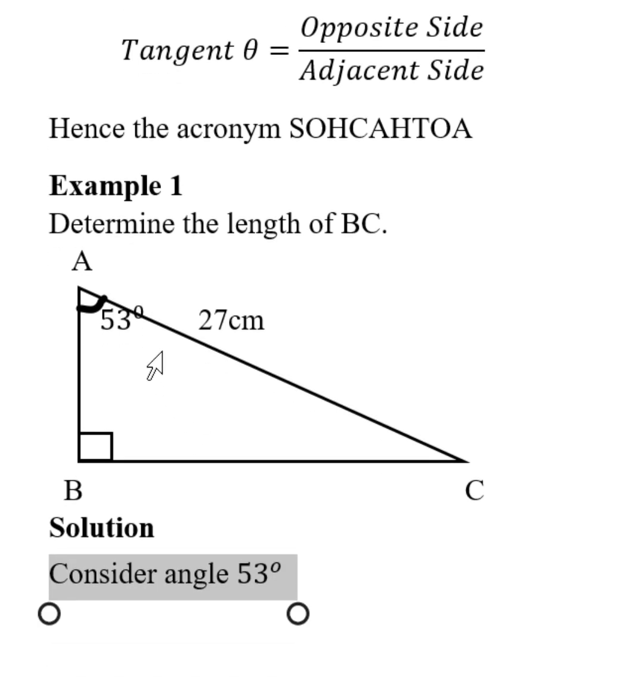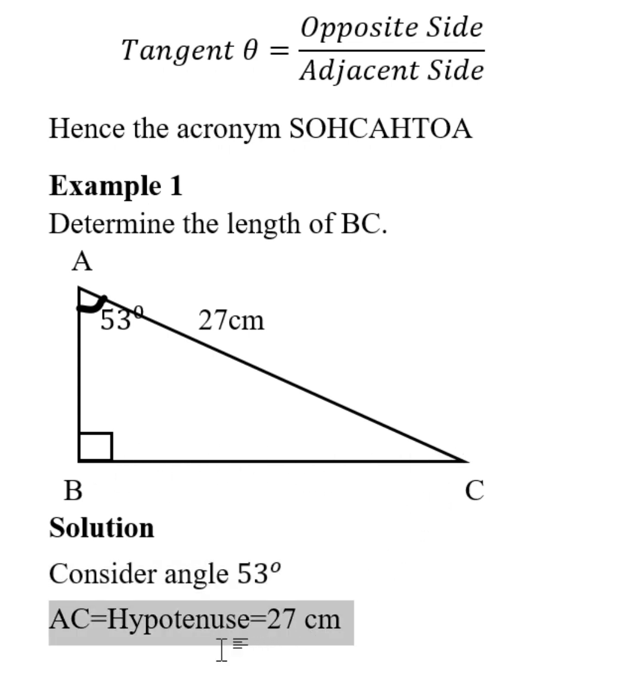So considering this angle here, if you place your eye here, the line you will directly be looking at will be line BC. That will be the line that is opposite to your eye, and therefore we call this side the opposite side.